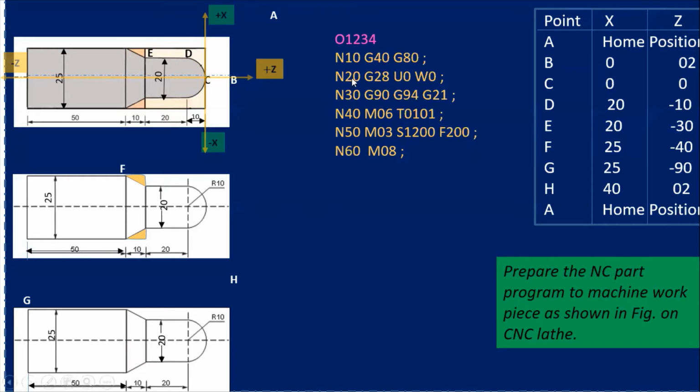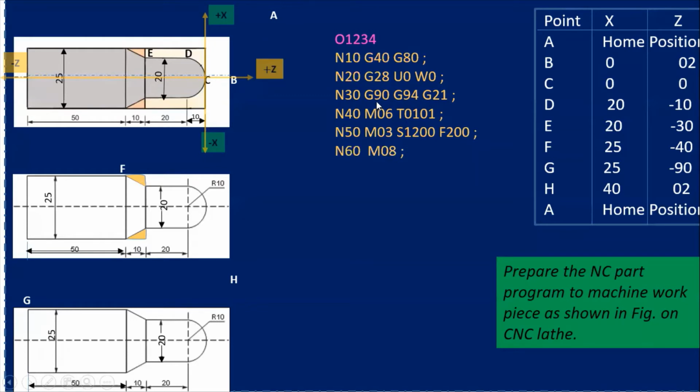Then N20, block number 20: G28 U0 W0, which means the tool will move to its home position. One more thing: always try to write the end of block, or you can write the semicolon also. Then N30: G90, G94, and G21.